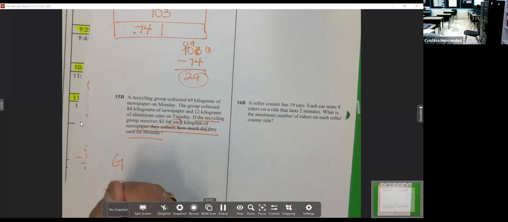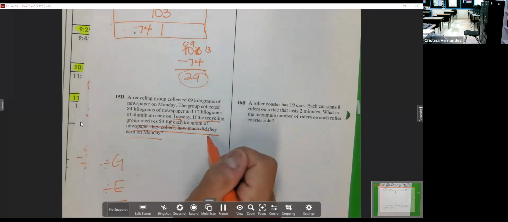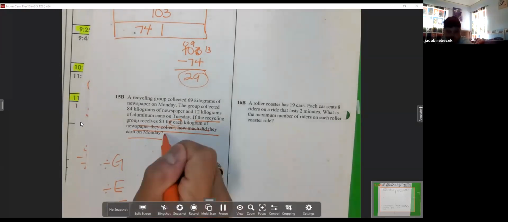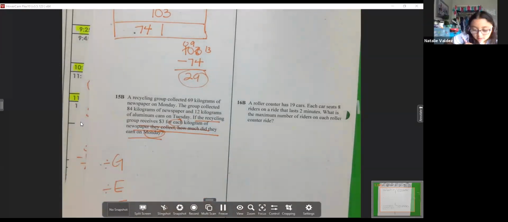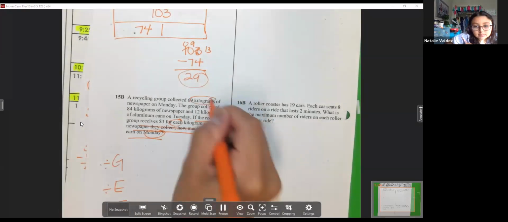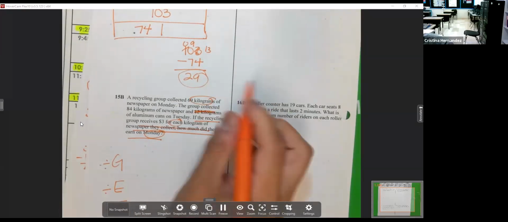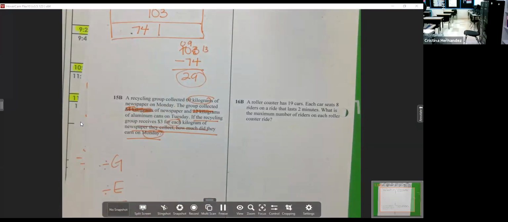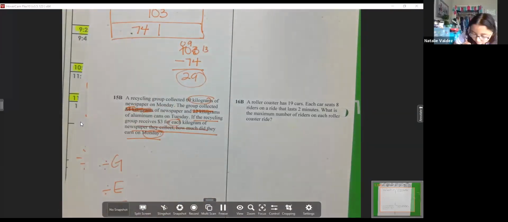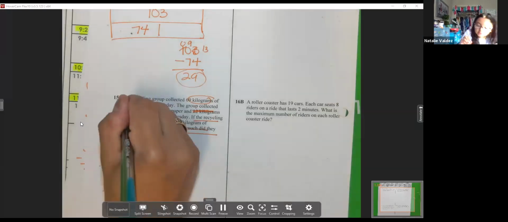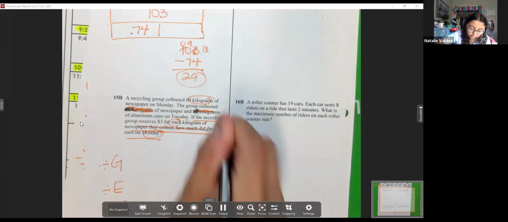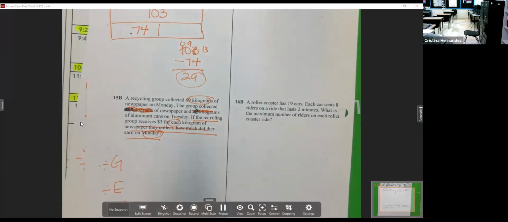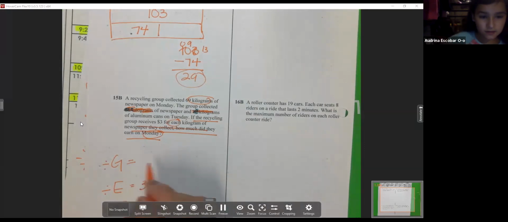But what numbers are we going to use? We're looking for the number of kilograms of paper on Monday. 69 kilograms. We don't need 12. We don't care how many cans. And they receive $3 for each kilogram, so the total would be.